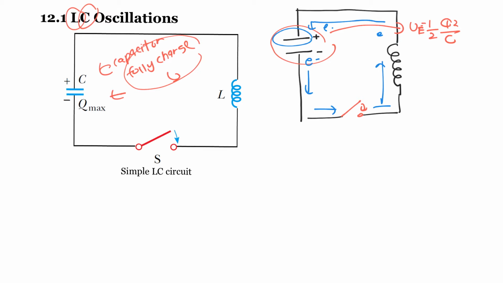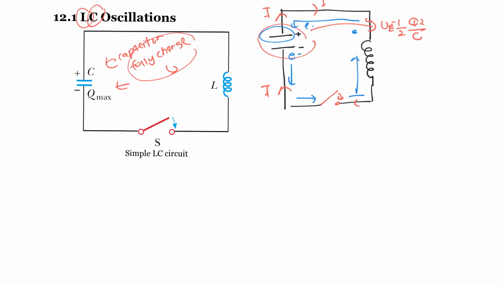As you can see, the electron flow and the current flow are in opposite directions. If your electron flow is anti-clockwise, your current flows clockwise.